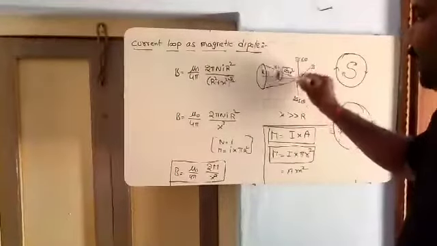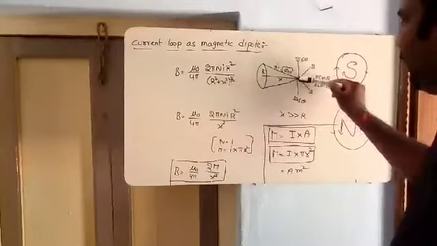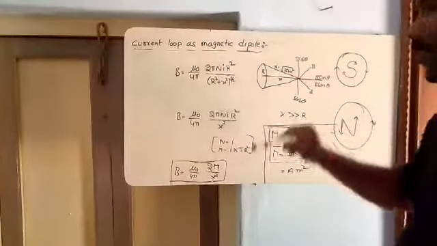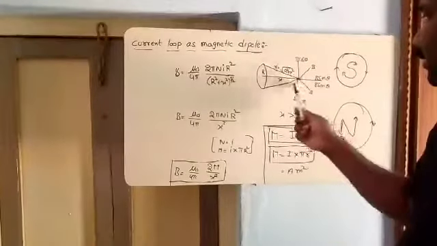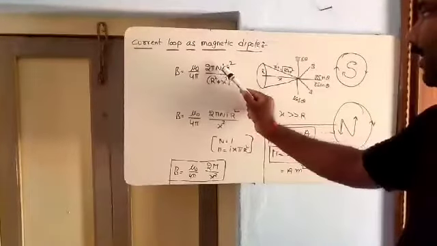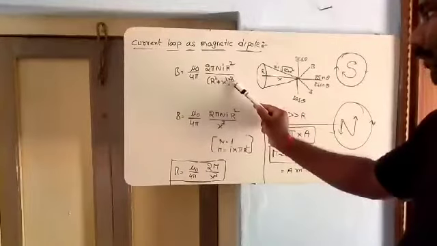For this, I am taking the expression for the magnetic field at a point on the axial line due to this circular loop. The diagram you already know from the previous classes. Finally we got the equation B is equal to mu naught by 4 pi, 2 pi n I r squared by (r squared plus x squared) whole power 3 by 2.